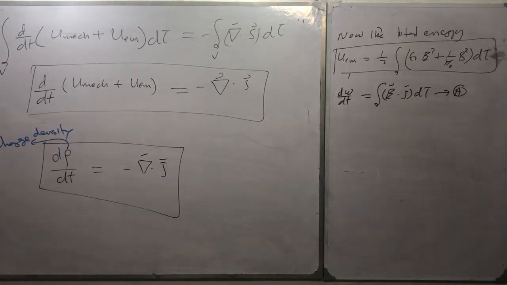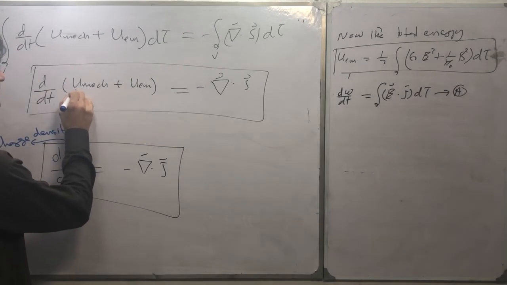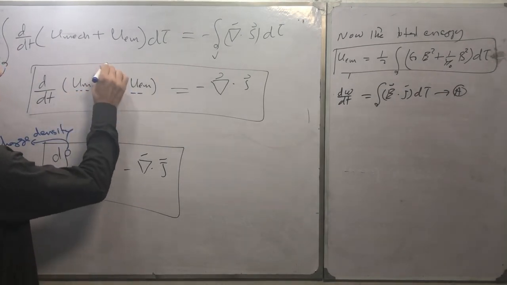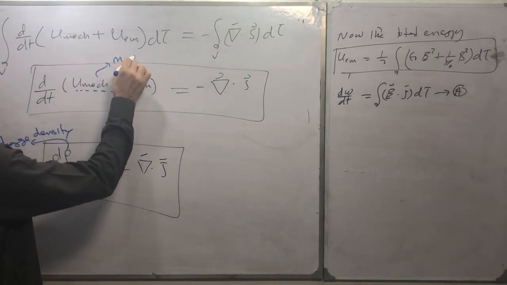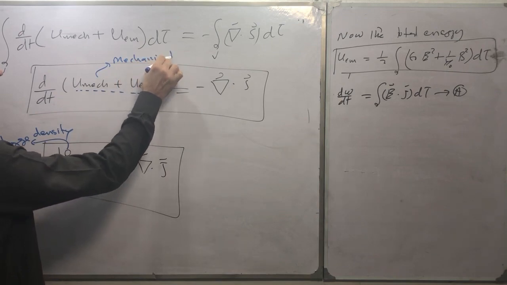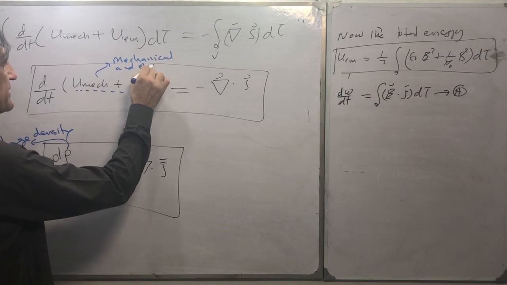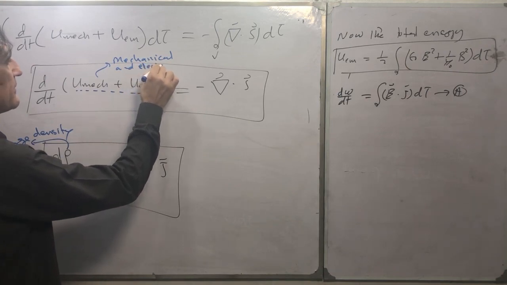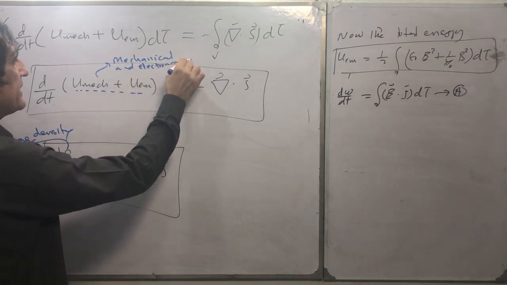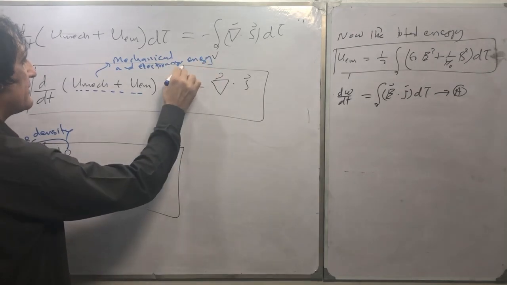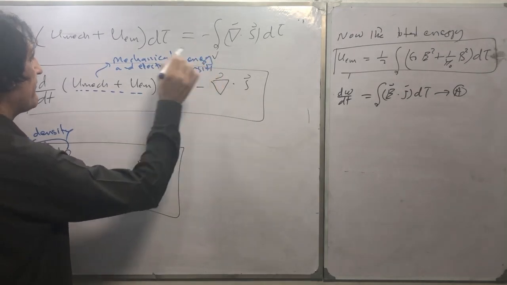And here u mechanical and u electromagnetic are the mechanical and electromagnetic energy density.